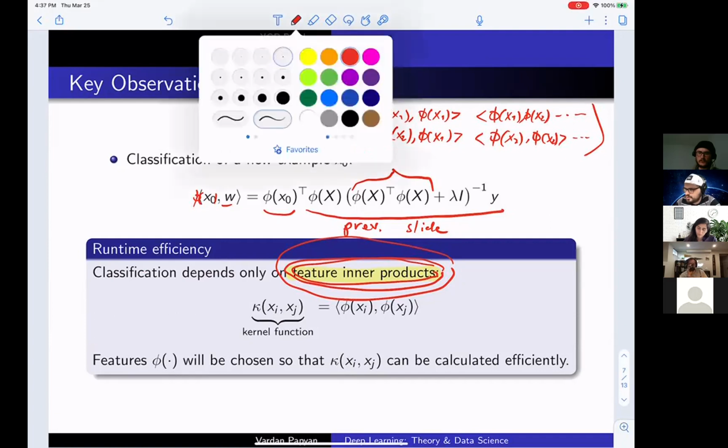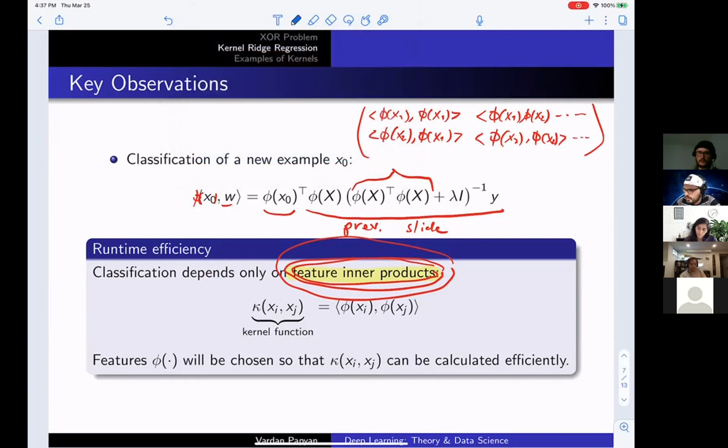Moreover, let us change color. This is a vector now, a vector that looks as follows. So we're going to have inner product of phi x0 with phi x1. And then inner product of phi x0 with phi x2. What a horrible handwriting I have.